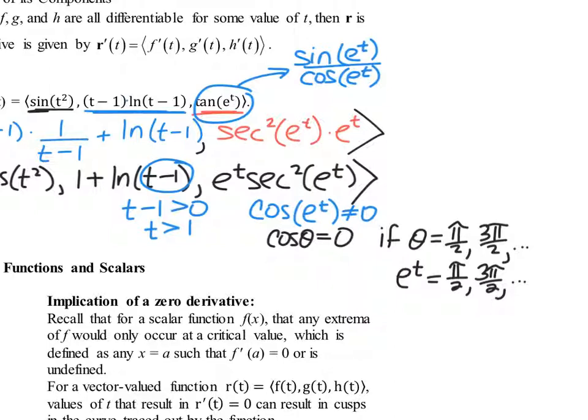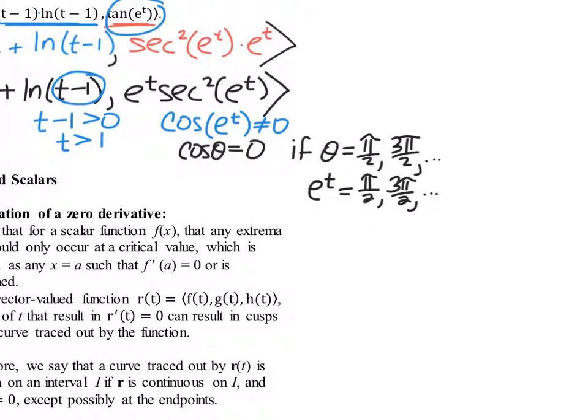Regardless, it is possible that one part of your domain could allow you to ignore the other part. So if this said something like t is less than 1, and you see that this is equivalent to 1.5 and so on, you might be able to disregard all these values, but that's not the case here because you could also go in the negative direction, so it's not the best argument. Anyway, I've got to figure out what t would be.